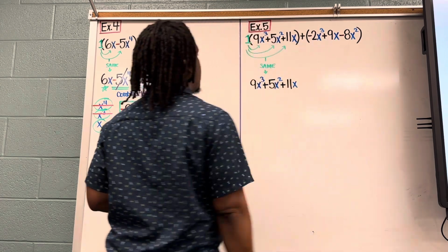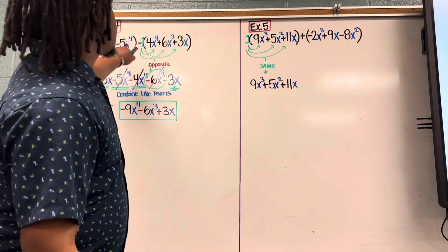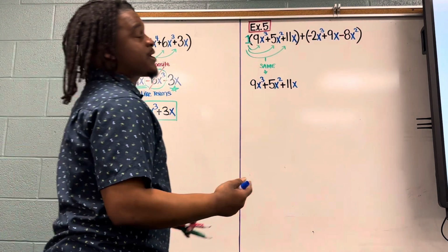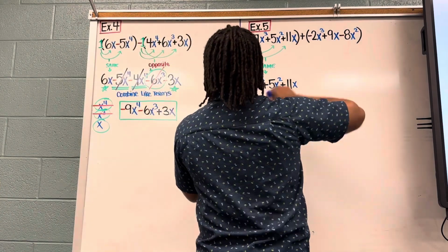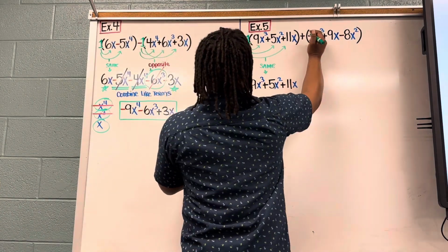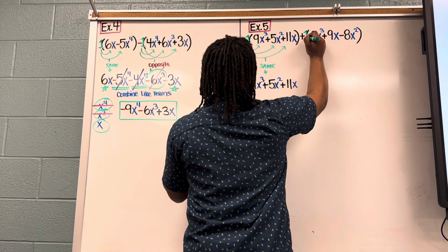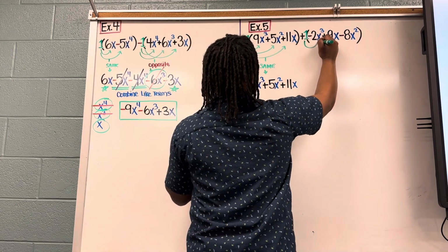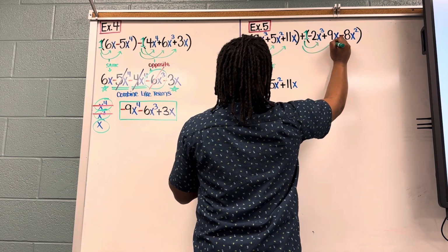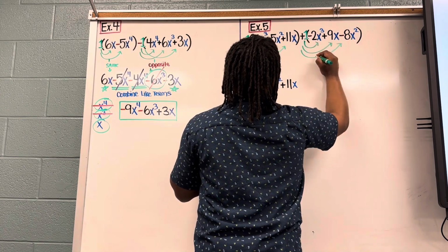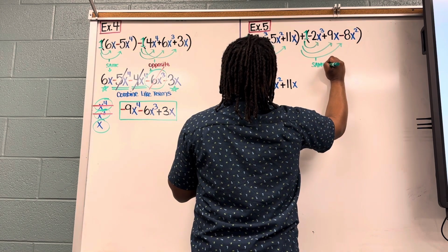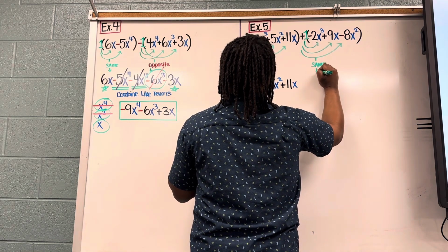Same thing with this one, guys. Now, if you notice, unlike the previous example, where the operation was a negative sign or a subtraction sign, here is a positive sign or a plus sign, meaning that the imaginary number, because there's no number in front of it, is going to be a positive 1. And if it's a positive 1, that means that everything will come down or be distributed as itself, right? So everything will stay the same.